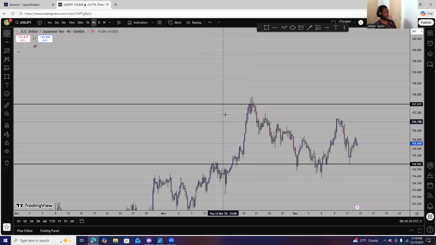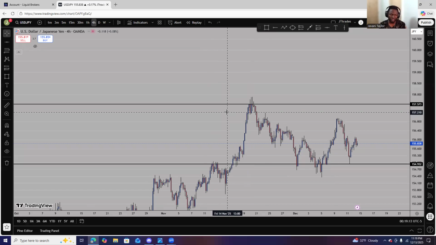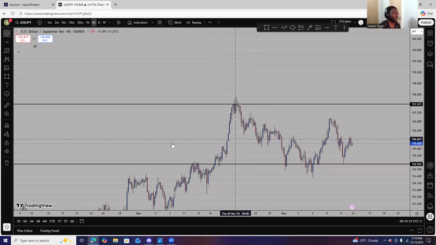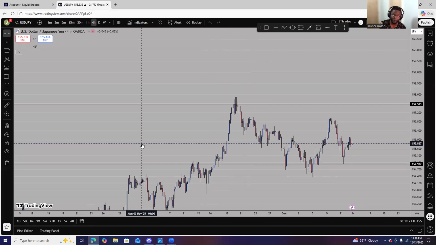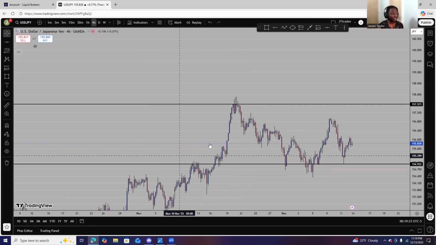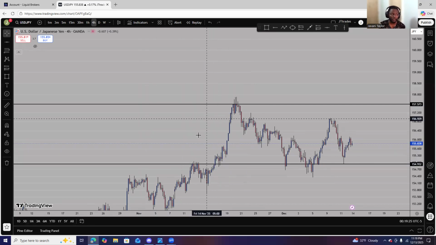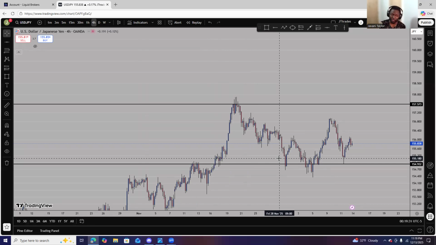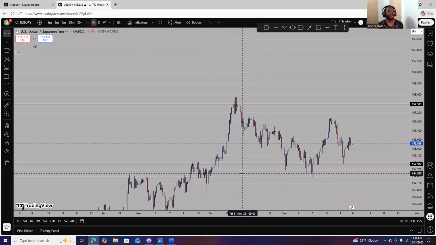A lot of persons say trading is gambling, which is somewhat true, but kid, trading is more of a probability game. It's you betting on the probability of the market going to the upside or to the downside. And also with patterns, you can be able to predict that, and that's how you actually make money inside of the forex market.